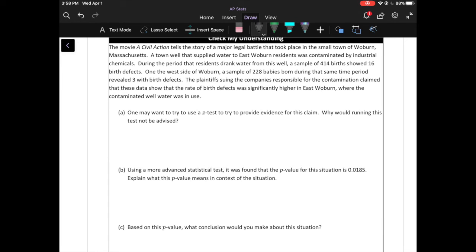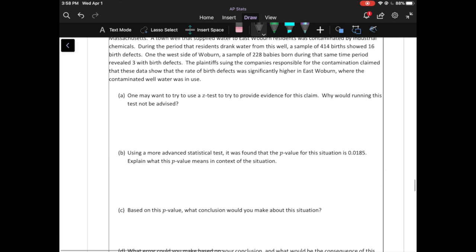On the west side of Woburn, a sample of 228 babies born during the same time period revealed 3 with birth defects. The plaintiffs sued the companies responsible for the contamination, claiming that the data showed the rate of birth defects was significantly higher in East Woburn, where the contaminated well water was used.